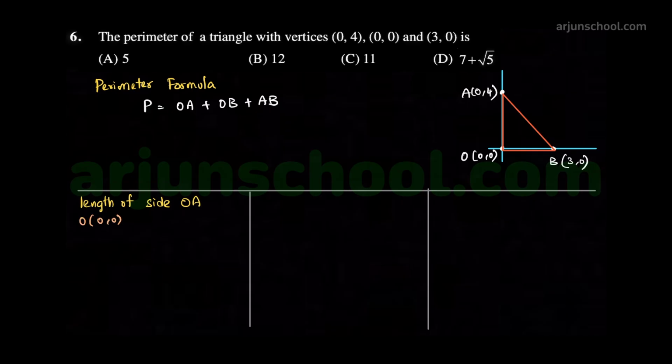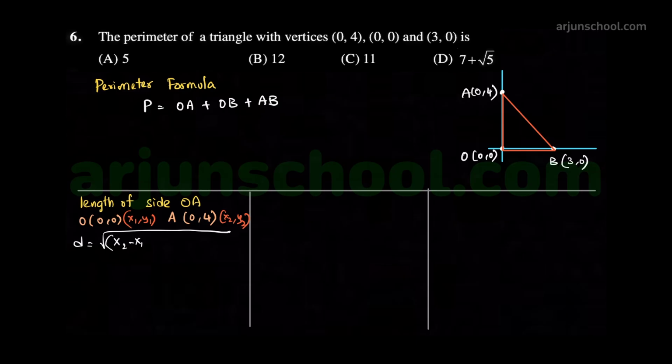O (0, 0) and point A (0, 4). (0, 0) is x1, y1 and point A (0, 4) is x2, y2. And we need to find the distance between these 2 points.